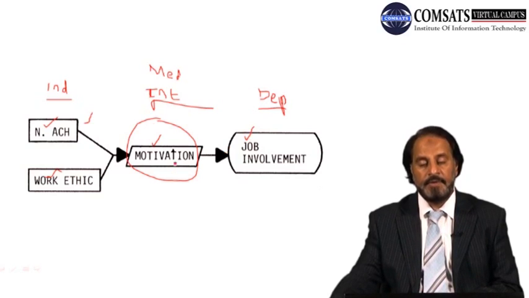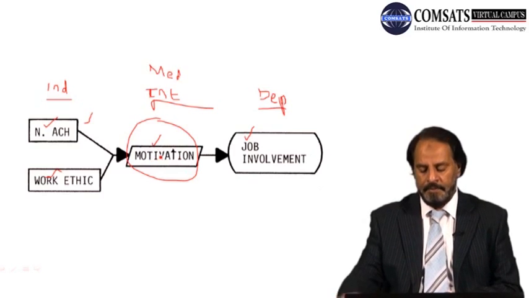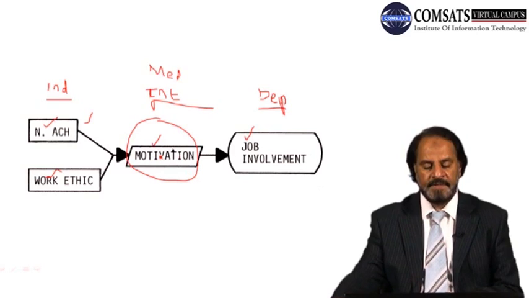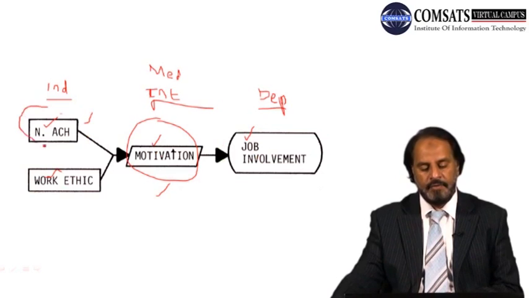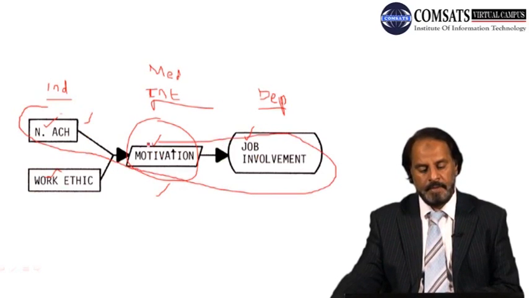In this case, motivation is what we term a mediating variable, and for testing if this variable mediates the relationship between need for achievement and job involvement, and work ethics and job involvement, we again need to develop a hypothesis statement for this relationship.